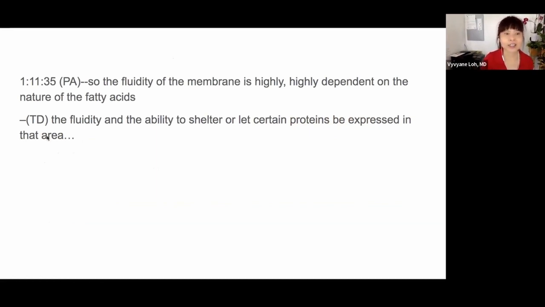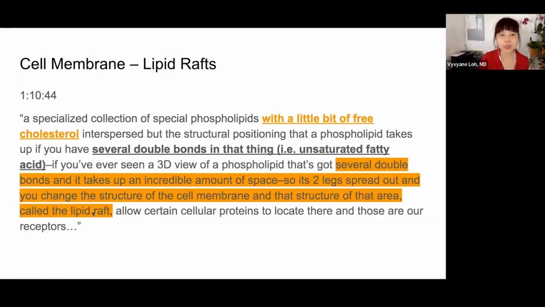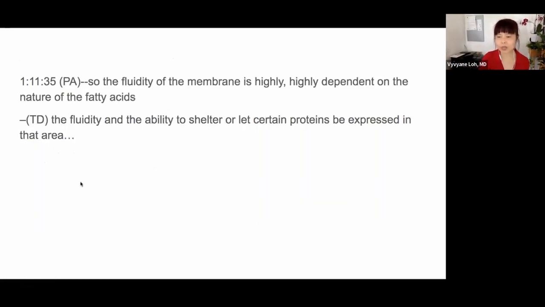And then Dayspring says the fluidity and the ability to shelter or let certain proteins be expressed in the area, because he talks about how the lipid raft is important for holding proteins, especially receptors. So they're talking about how the fluidity seems to allow for this sheltering.